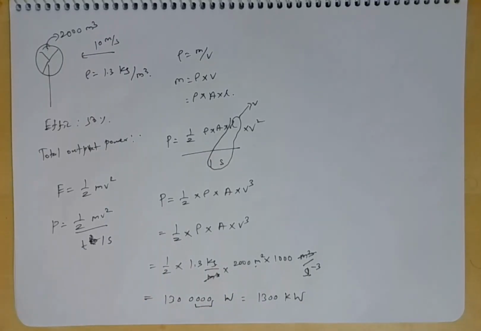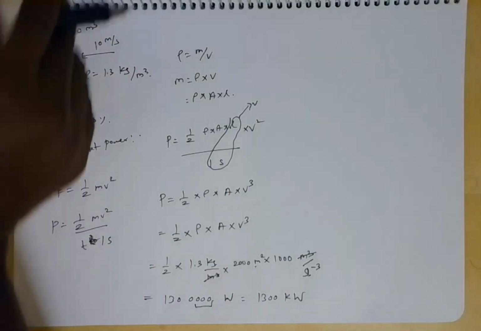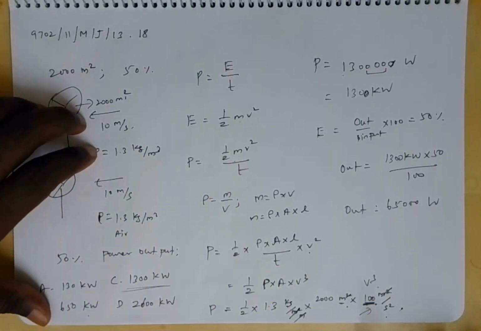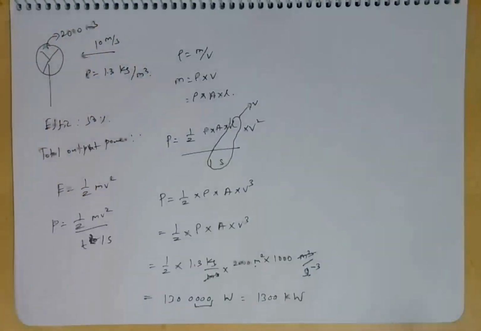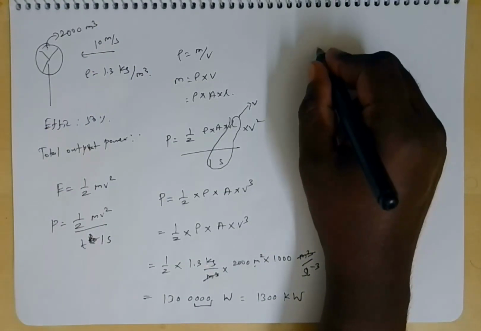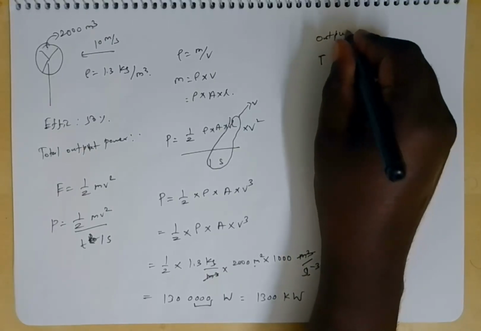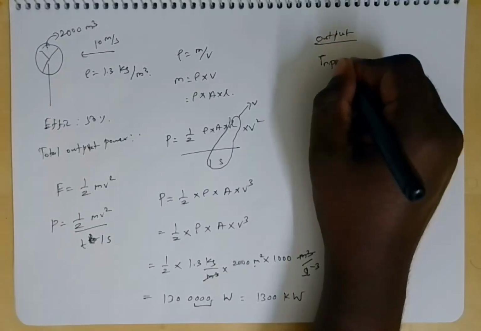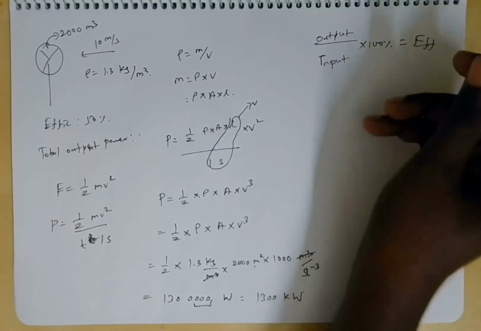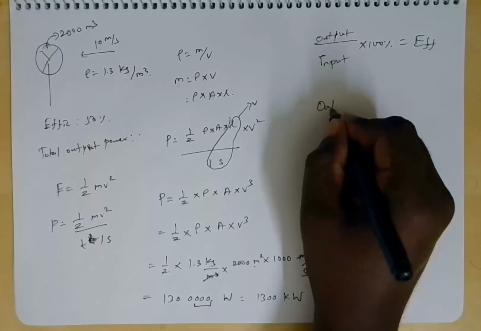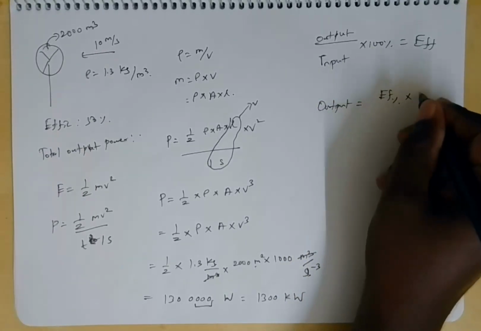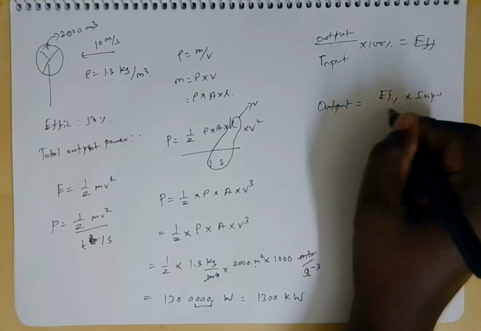So there is an option for 1300 kilowatt. So if we choose that, we are wrong. So what we can do is, output by input multiplied by 100% is efficiency. So we want only output, which is efficiency in percentage multiplied by input divided by 100.